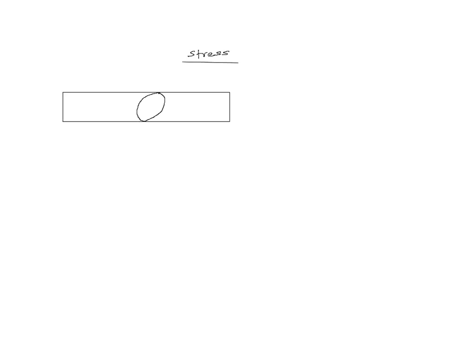Let's say that area is delta S. There are two sides of that area, left side, right side. These two parts will apply equal and opposite forces on each other.